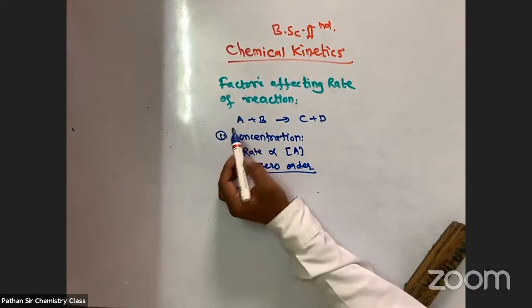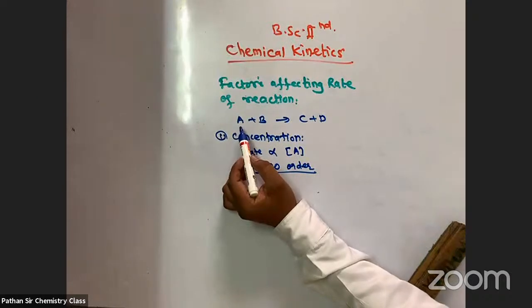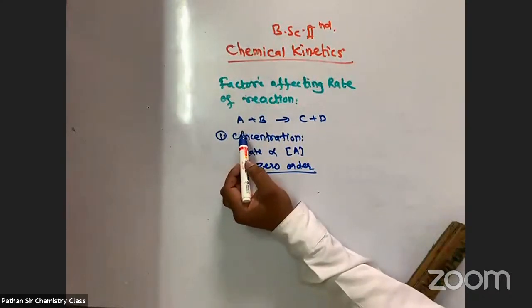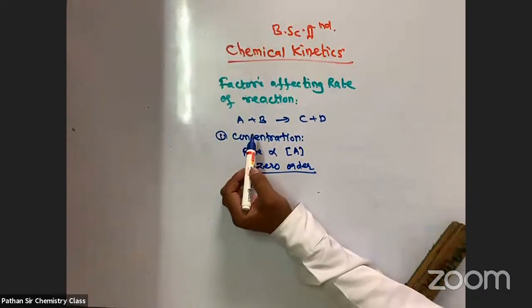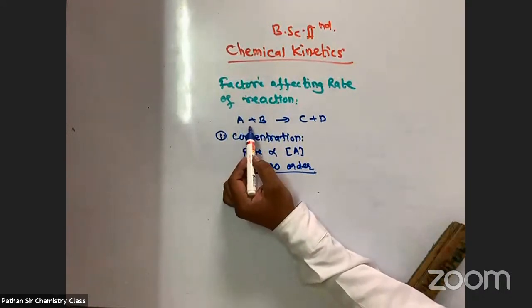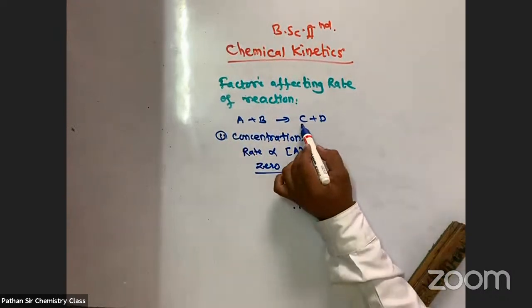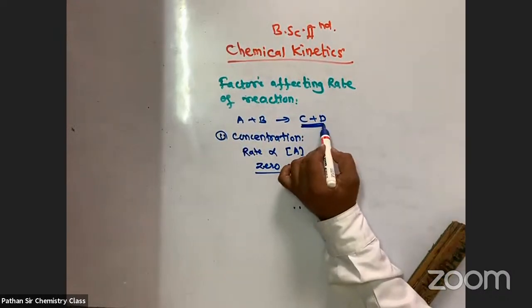So when the concentration of A and B is very high, the rate of reaction is very fast. Initially the rate of reaction is fast, but as the concentration of A and B decreases, the rate of reaction also decreases. Sometimes the product formed affects the rate of reaction.